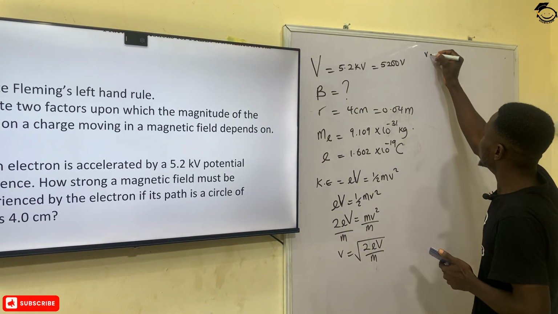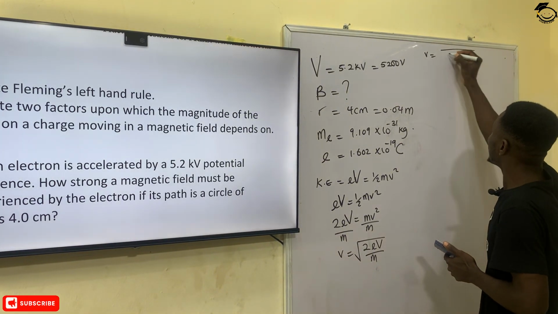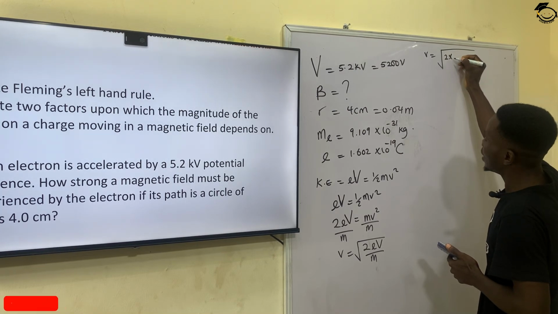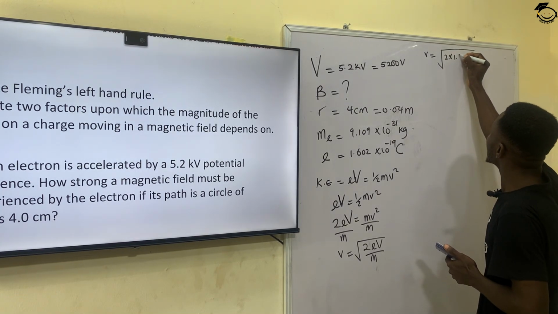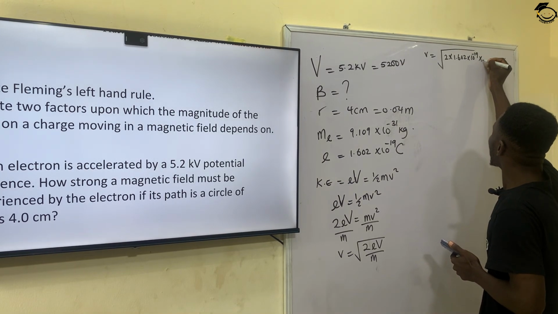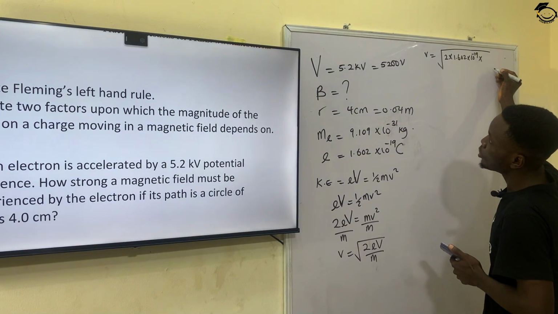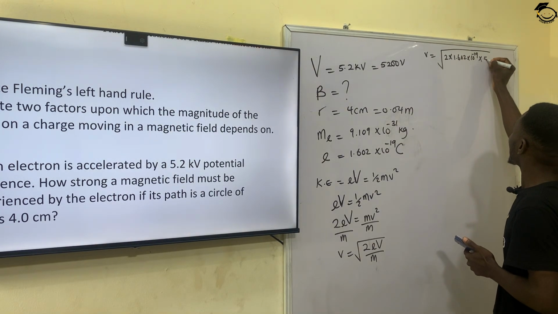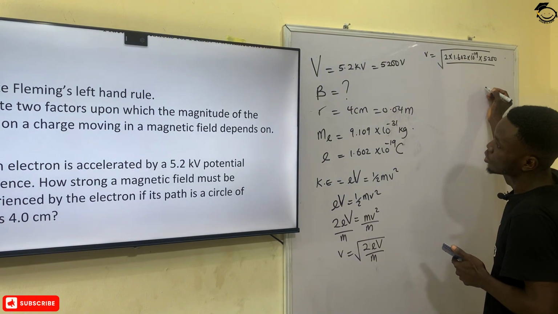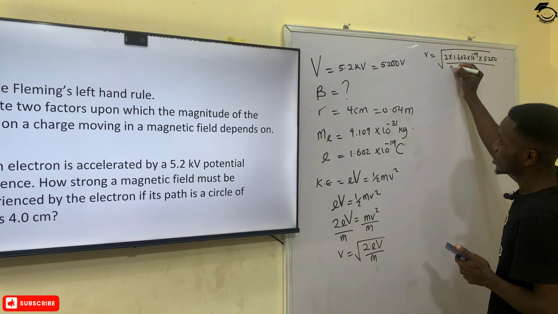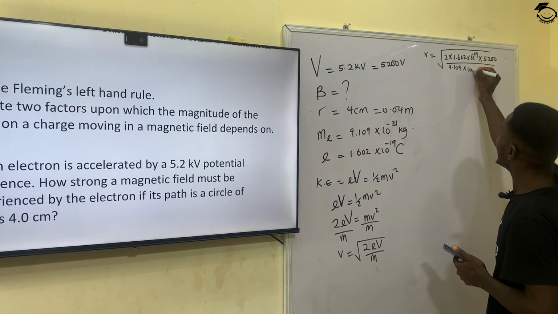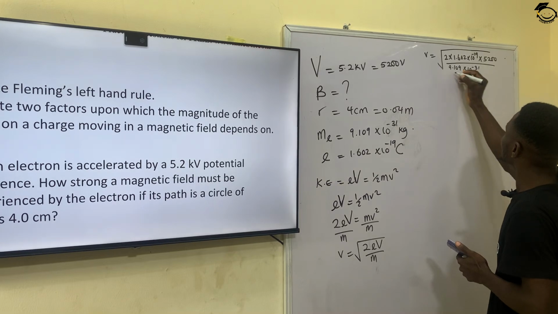So my velocity is equal to the square root of 2 times the charge of the electron, which is 1.602 times 10 raised to power minus 19, times the potential difference in the question, which is 5,200, divided by the mass of the electron, which is 9.109 times 10 raised to power minus 31.